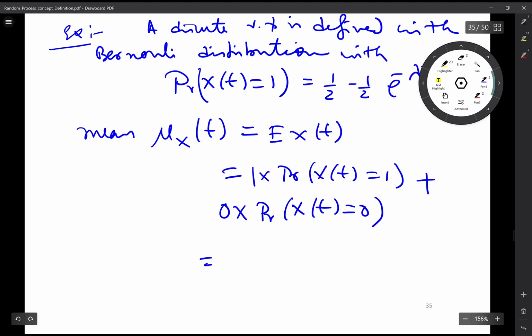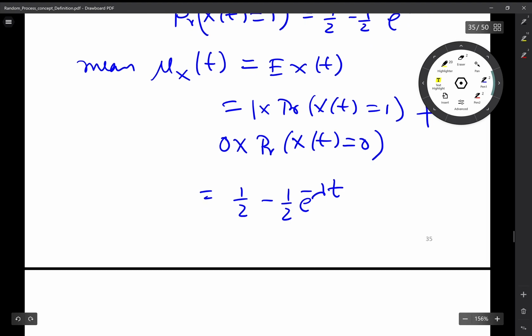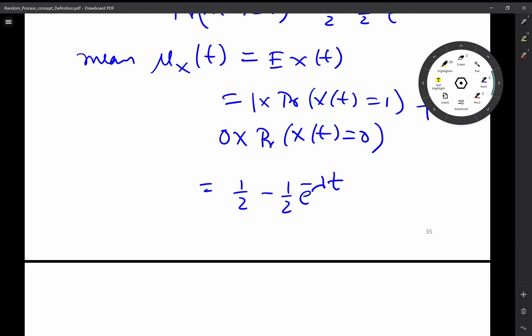This will be 0, so we should not take anything. So this is 1, that means it equals half minus half of e to the power minus lambda t. So that's it. This is the mu x.